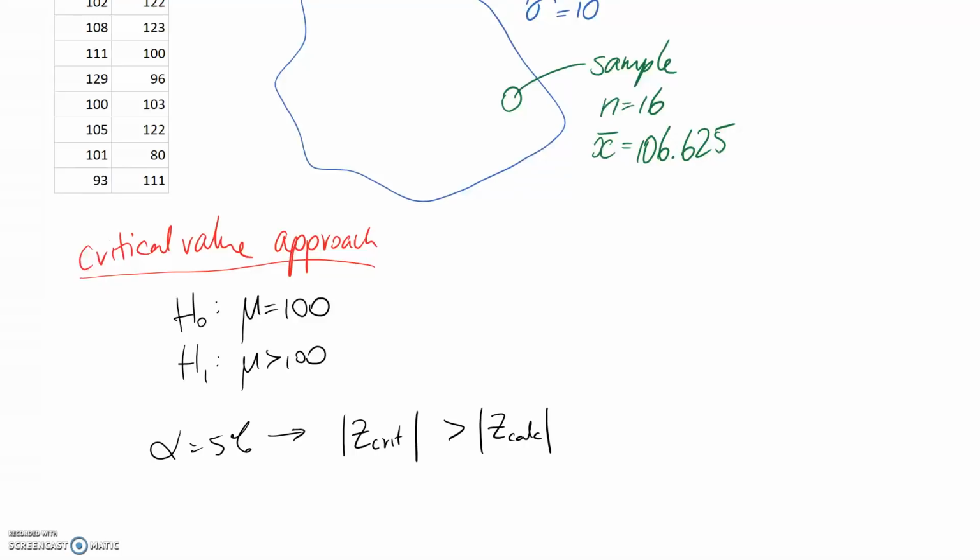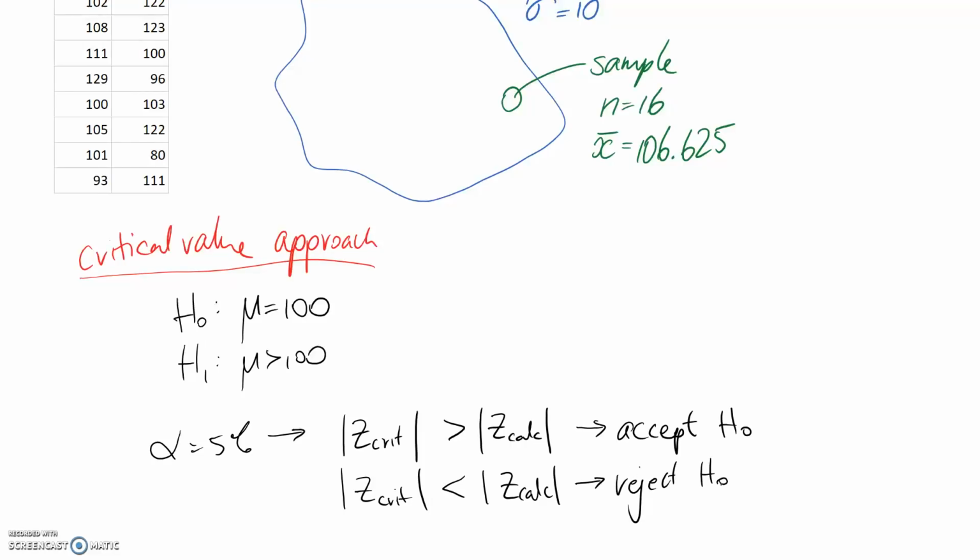If that is true, then we're going to accept H0. The opposite is if the critical z value is less than the calculated z value relating to our sample mean. If this one's true, then we're going to reject H0.